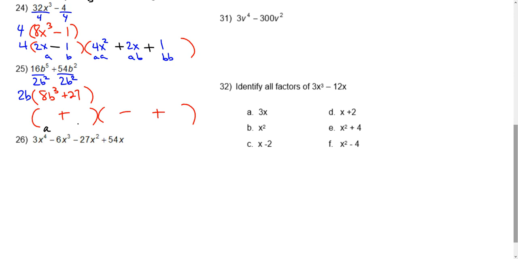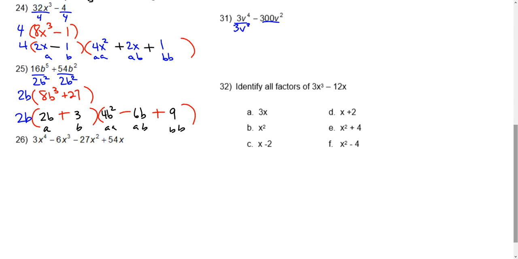Formula is AB, AA, AB, BB. Cube root gives you 2b and 3. So 2b times 2b, 4b squared. 2b times 3, 6b. 3 times 3, 9. Take that GCF from the front, put it back in the front. There's your answer.